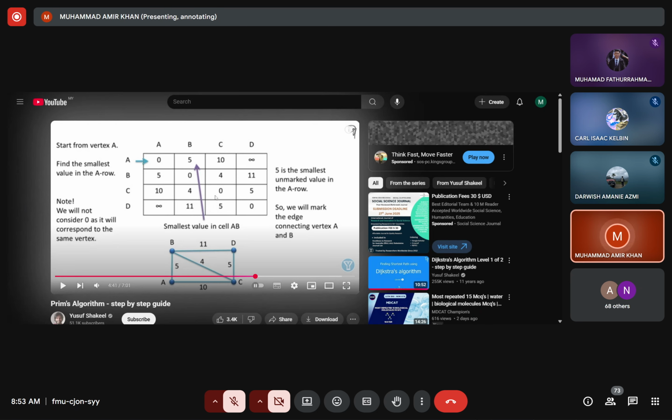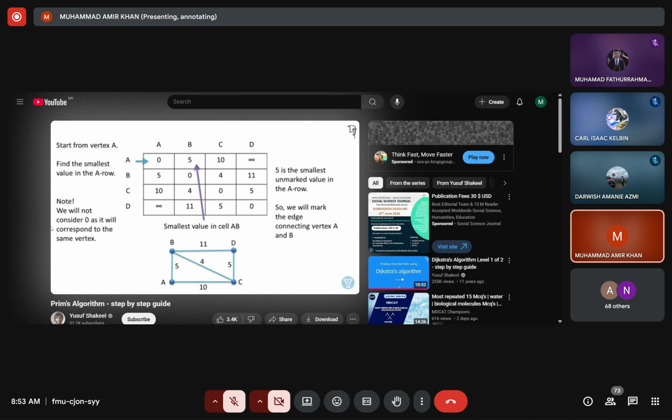Five is the smallest unmarked value in row A. So we will mark the edge connecting AB. So, AB we highlight. You can see how they highlight.